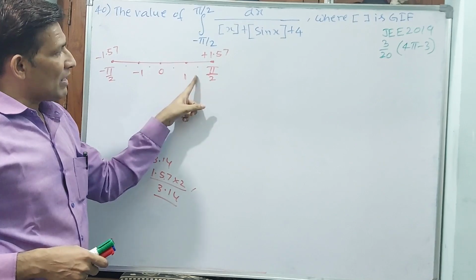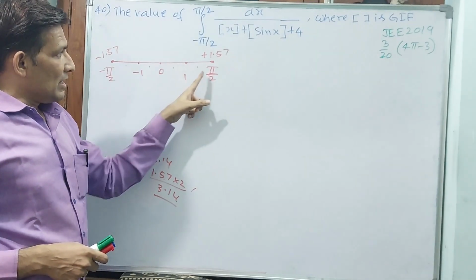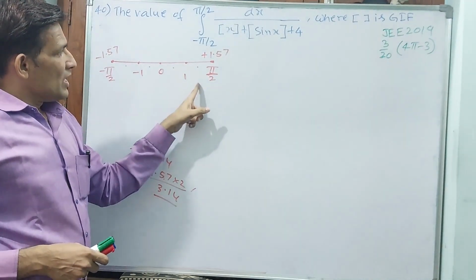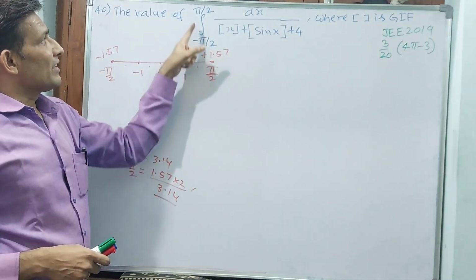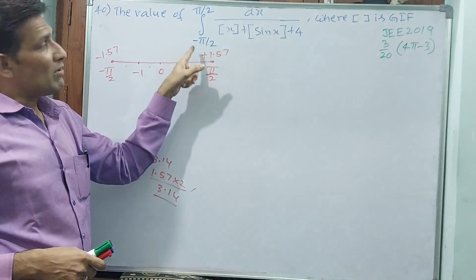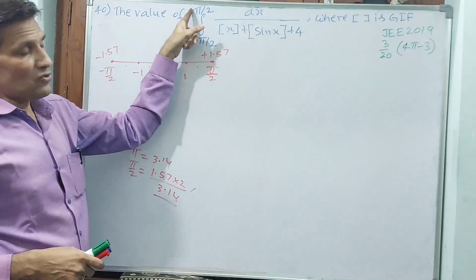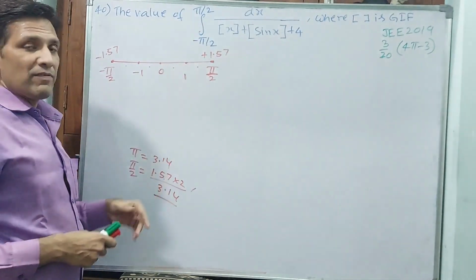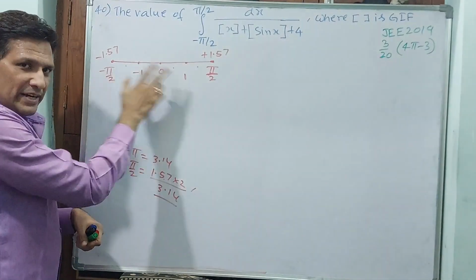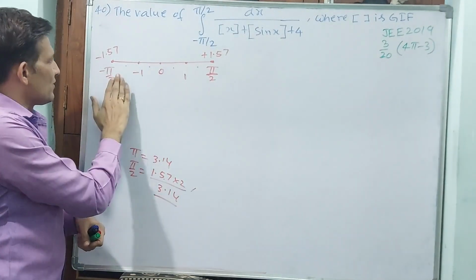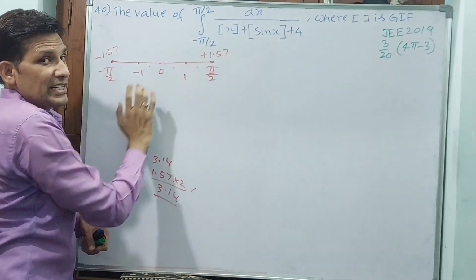If you give greater than 1 but less than 2, it gives 1. But you cannot give greater than 1.57. Why? Because they are restricting here. Minus 1.57 to plus 1.57. Why? Because the pi by 2 value is 1.57. That is why, on both the negative side and the positive side, these are the limits for the greatest integer function.